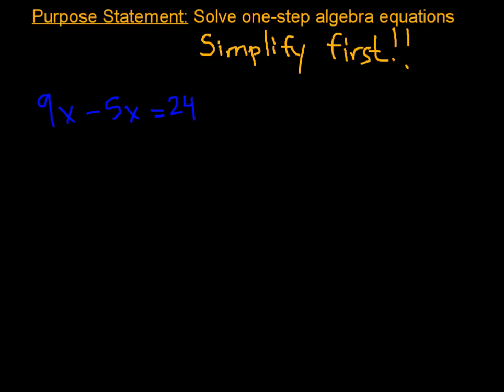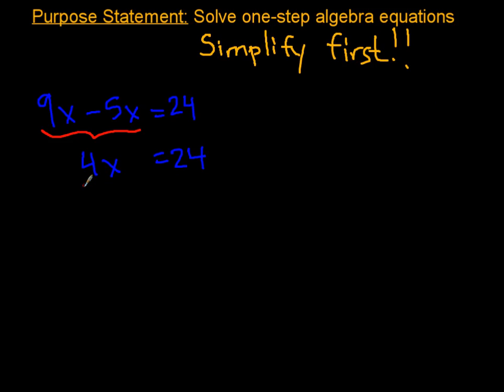What I mean by simplifying first is to combine terms. Here we can combine x's, and so we get that 4x is equal to 24.